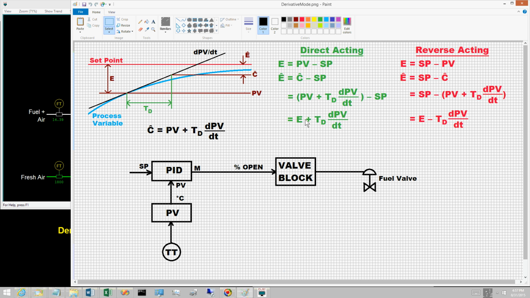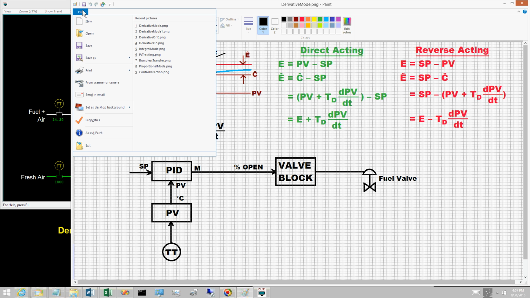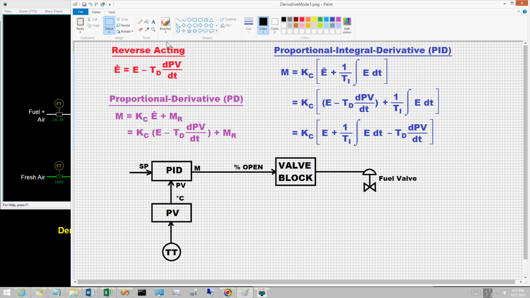Using this relationship, let's add derivative to a proportional only controller. Write the proportional plus bias control equation with E hat instead of E. Now replace E hat by the relationship just derived.